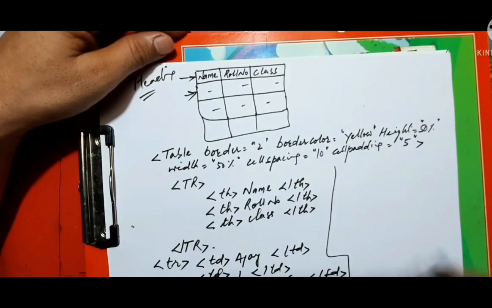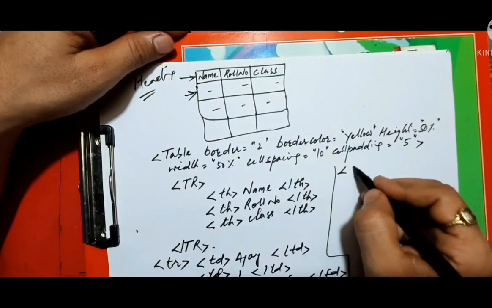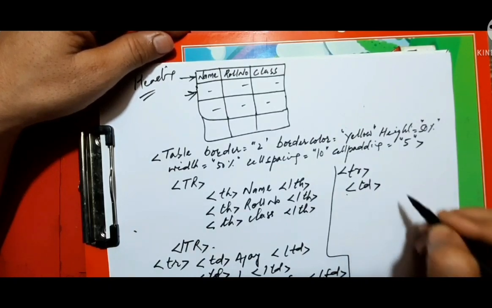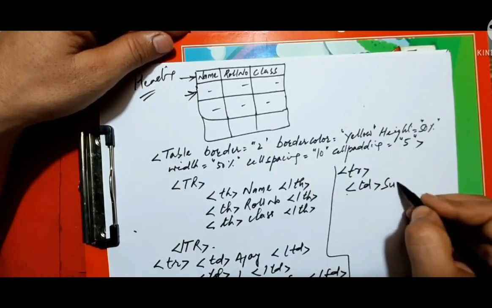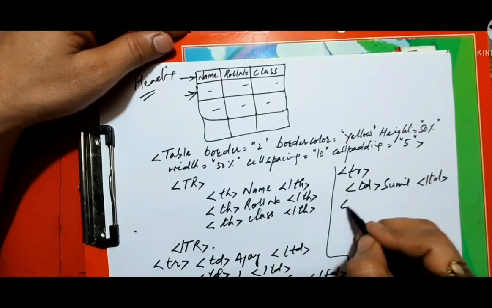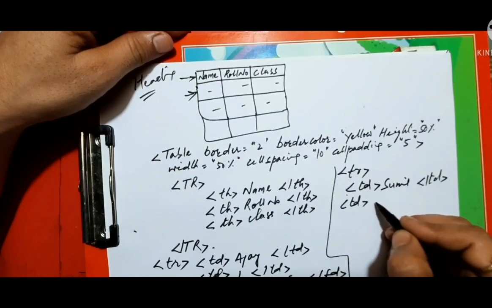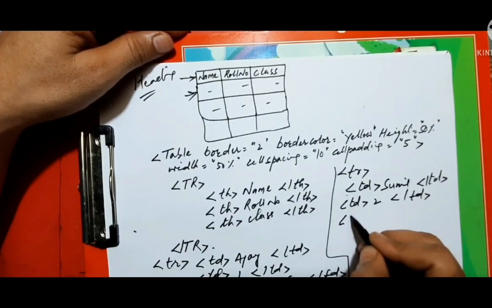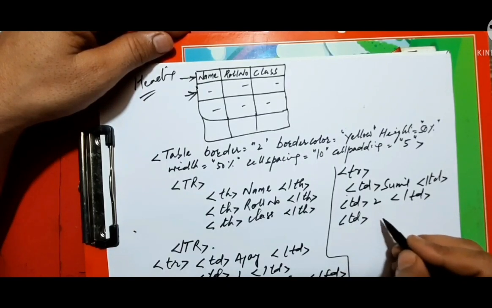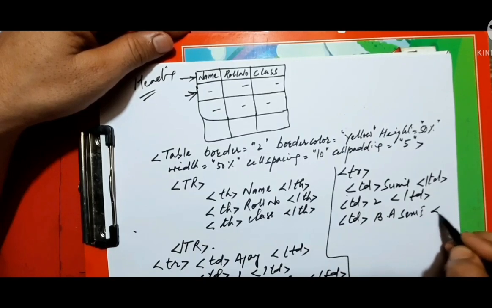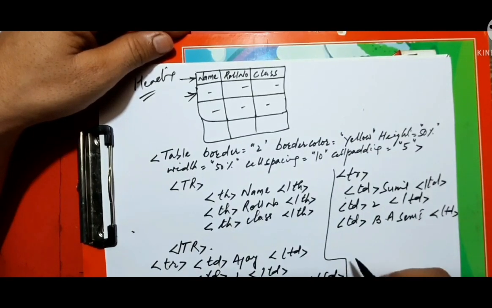Now 2 rows are created. Let's create the third row, then again start the tr tag, td Sunil, okay, td roll number 2, td class BA semester first, td, and close the tr.